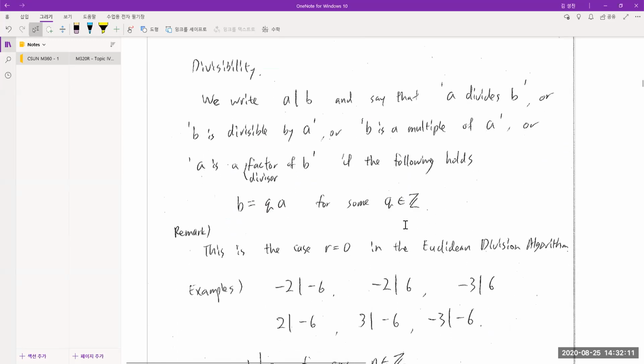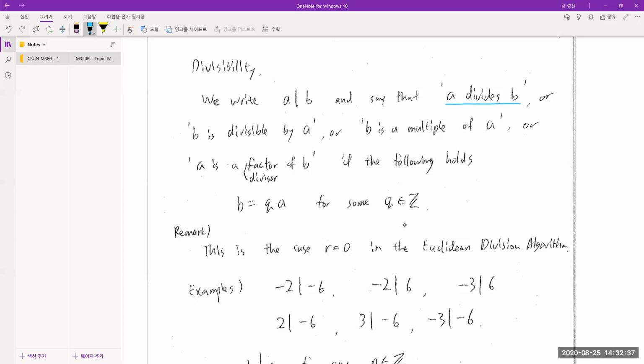Now we turn to divisibility. We write A vertical bar B, and we say that A divides B. Or B is divisible by A, B is a multiple of A, or A is a factor of B, A is a divisor of B. All of this means the same thing.